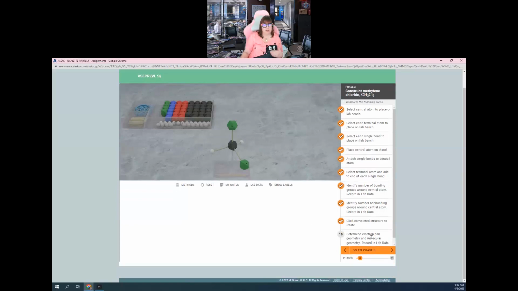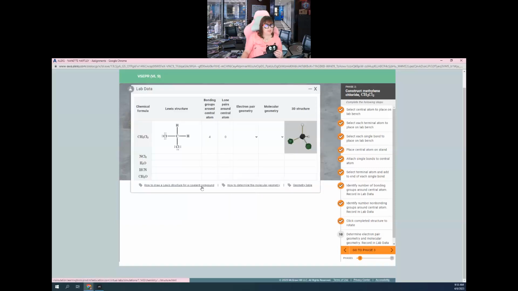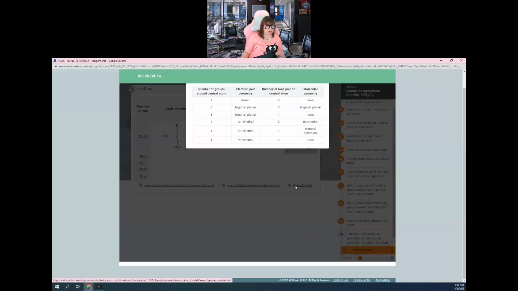Now we need to determine the electron pair geometry and the molecular geometry. So I come into my lab data, and then it says how to determine the molecular geometry, and it says geometry table. So I opened my table. Now it says the number of groups around the central atom is 4, and that electron pair geometry is tetrahedral.